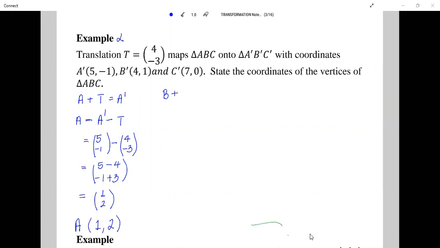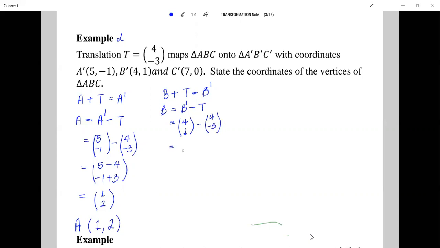So B plus T is equal to B prime. That's the matrix equation for transformation. So B would be equal to B prime minus T. B prime is the point (4, 1), minus T, and T is (4, -3).